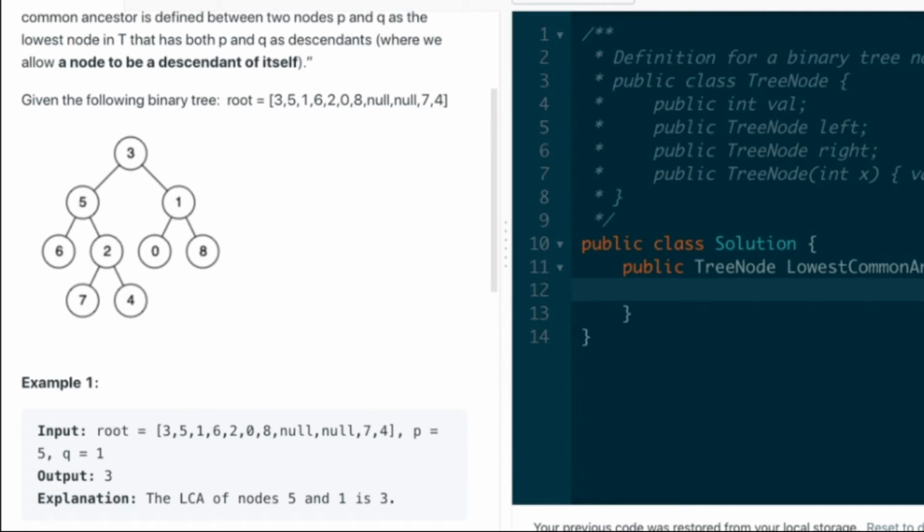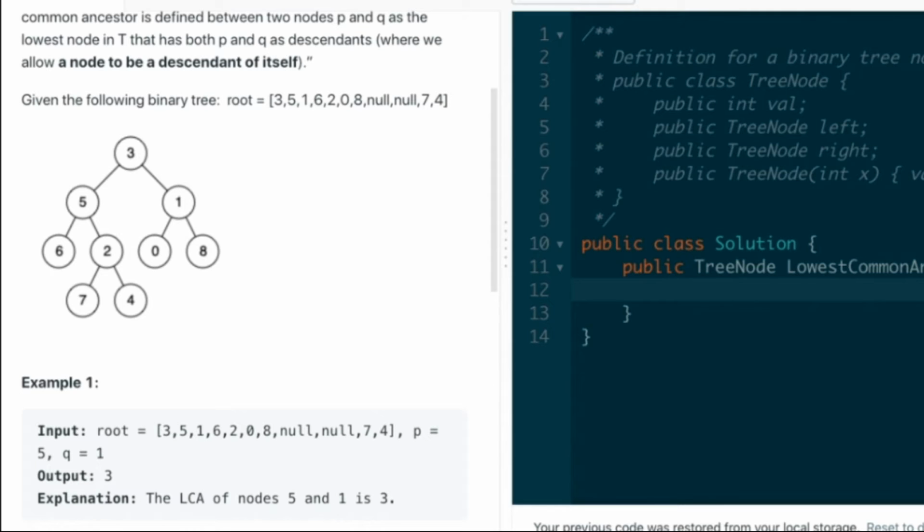It will return 4 to this node, and right now the current caller is 5, which in the left call had a result 6, and on the right call had a result 2. It will compare both results, and if none of them are null, it means that we found the lowest common ancestor, which is the current caller, 5.